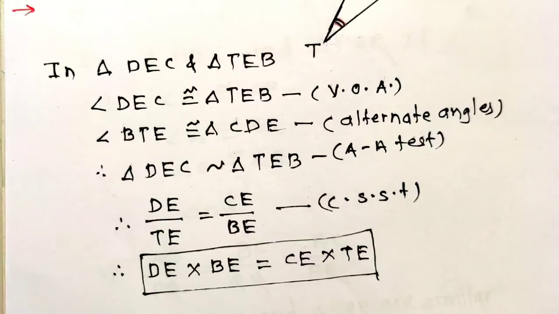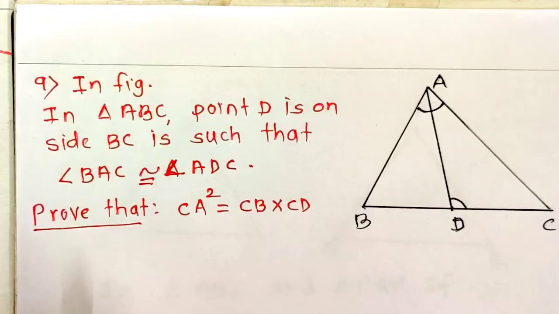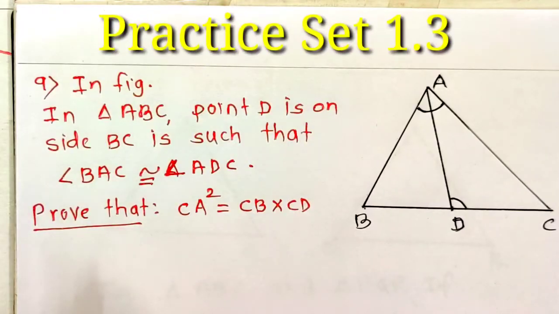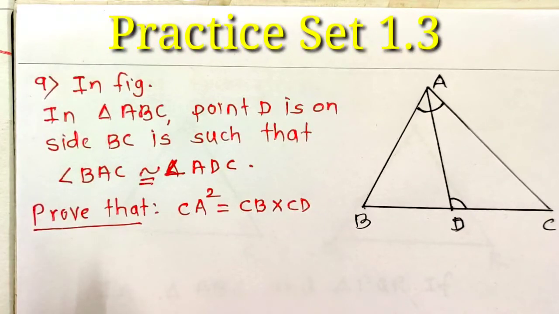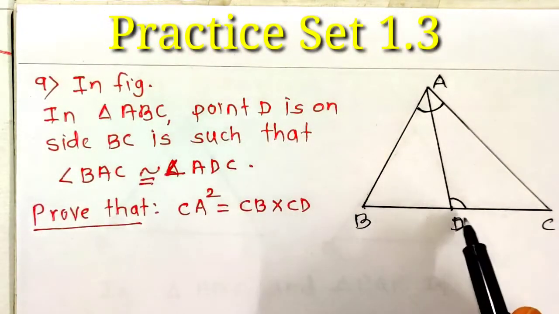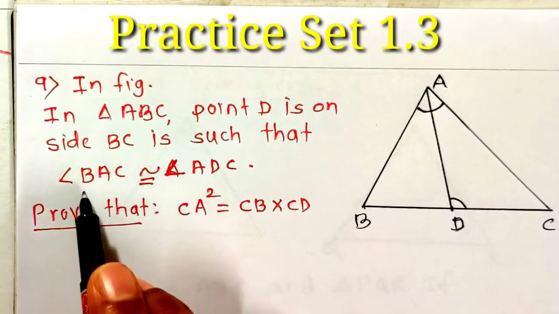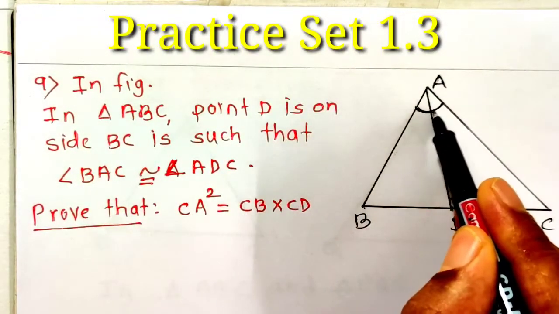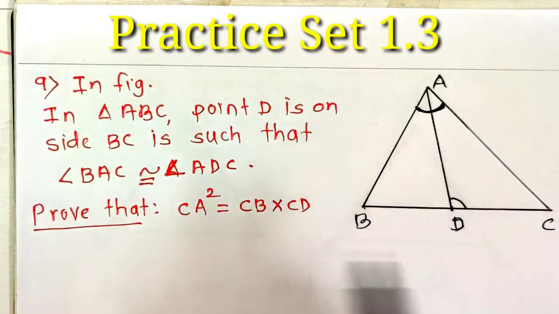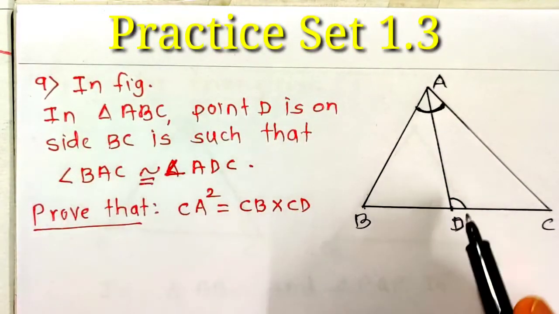Let us see one more sum from this chapter. Now, this is the ninth sum, last sum from practice set 1.3. In triangle ABC, what is given? Point D is on side BC in such a way that angle BAC is congruent to angle ADC.